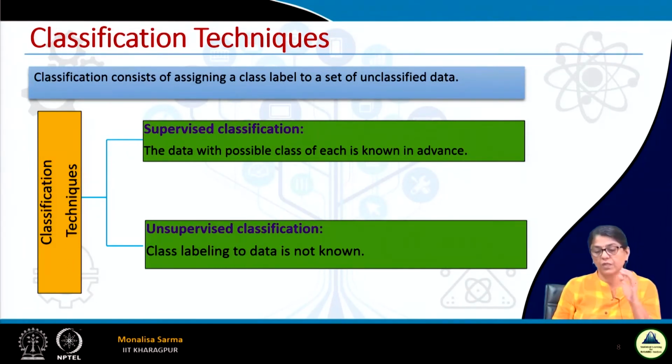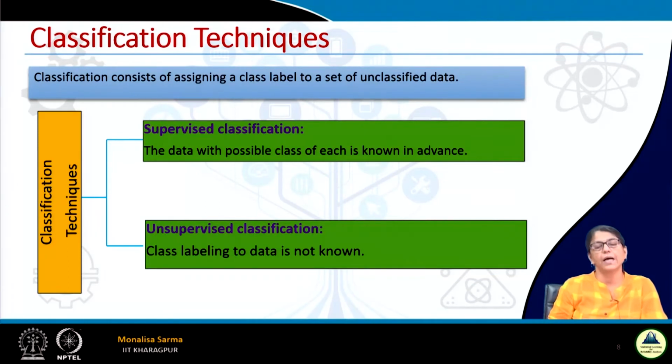So data with the possible class of each is known. Based on the attributes, the class is known. Then, when we give data with an unknown label, the model will be able to identify that it belongs to this class. This is called supervised classification, where the class labels, and how many classes there are, are known in advance.